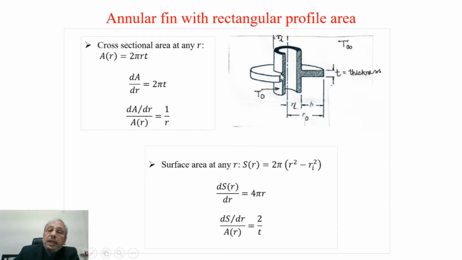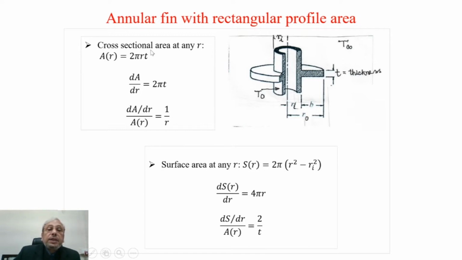So basically from the base T0, thermal energy will be transferred to the annular fin, and from the annular fin, since the effective area of heat exchange is being enhanced, through that area thermal energy will be transferred to T infinity, which is at a lower temperature than T0.